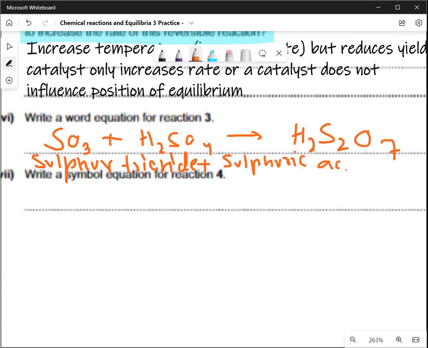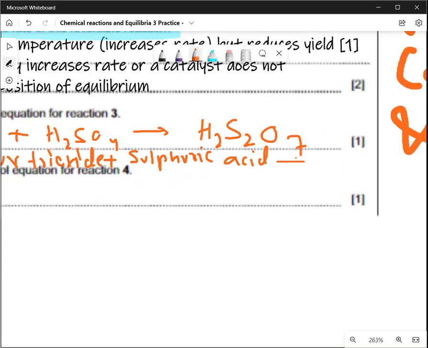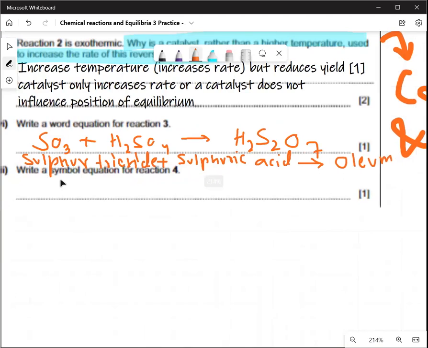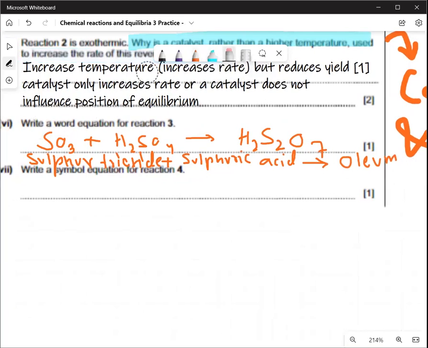And what is H2S2O7? That is oleum. Wherever you have written this equation, write this name near it as well. Sulfur trioxide plus sulfuric acid gives oleum. SO3 is sulfur trioxide, H2SO4 is sulfuric acid, H2S2O7 is oleum.